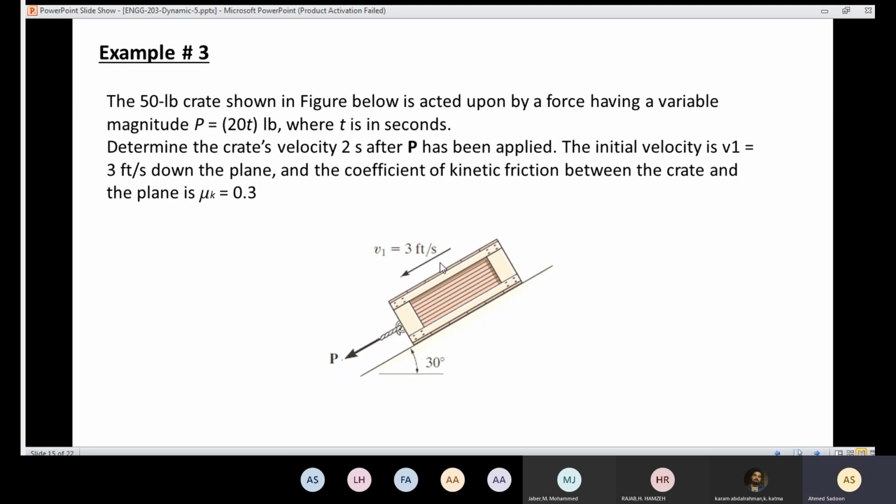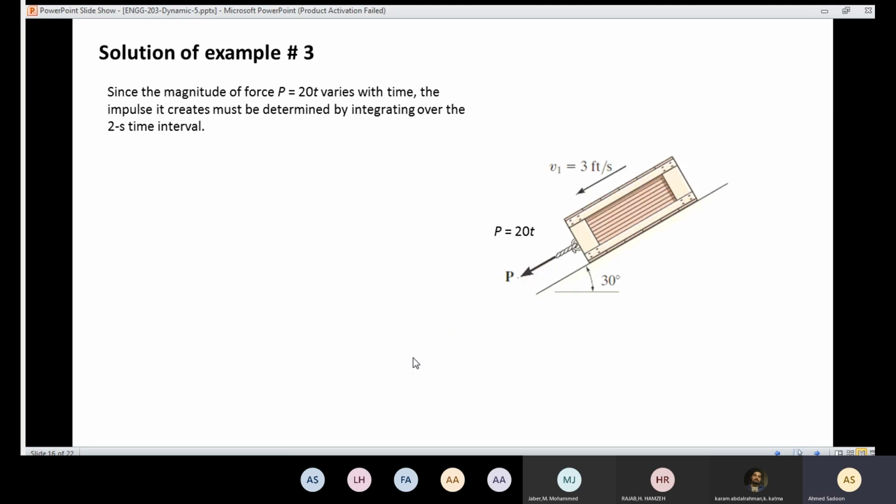So now we need to determine the final velocity after we apply that force for 2 seconds. Since we have forces, velocities, and time, it's best to use the principle of linear impulse and momentum. In order to apply it, we need to take care of the force.